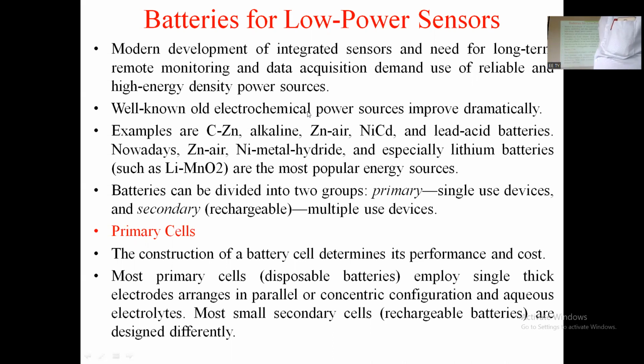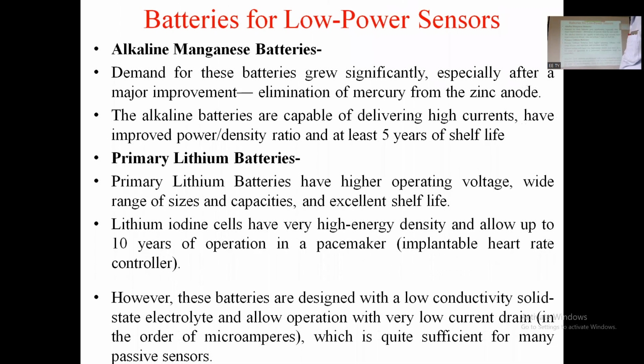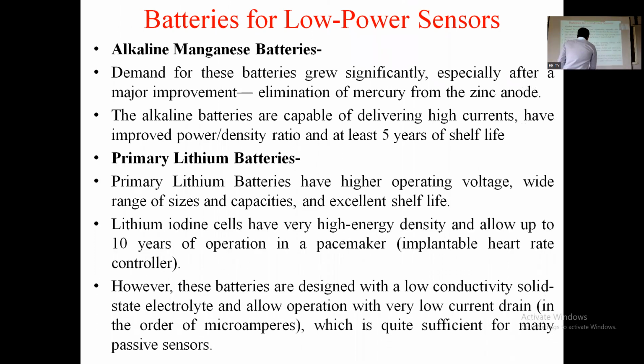Now, in case of primary cell, again this primary cell can be divided into some types. In that, the alkaline manganese battery comes under primary cell.